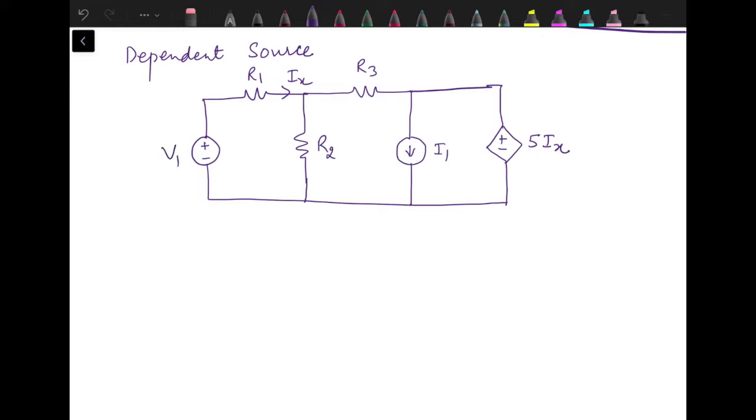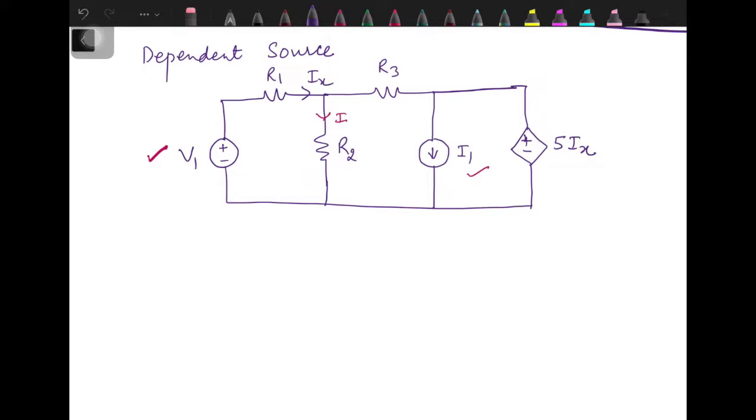So let's consider this is a circuit where we have a dependent voltage source, it's current dependent voltage source connected in the circuit. Again, the question is we need to find out what is the current I, that is the current through resistance R2. Now, how many cases we will have? We will have again only two cases. Once when voltage source V1 is active, second time when current source I1 is active.